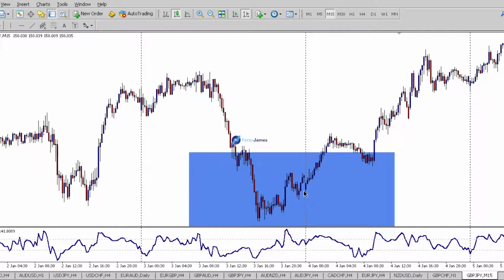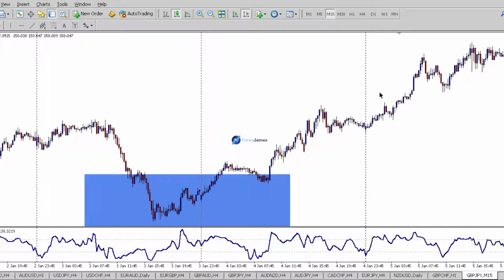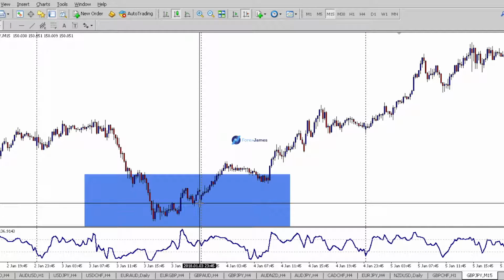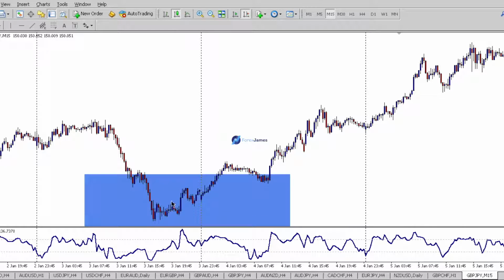As you can see, price went up without any hesitation. There isn't a lot of time. If you wait for a retracement deeper than this, you probably missed it. So higher highs, higher lows, higher highs, higher lows.